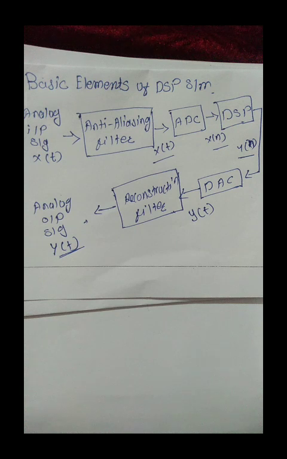The output of the DSP is given to the DAC, the digital to analog converter. The digital signal is again converted into analog form and given to the reconstruction filter, which, using a low pass filter, gives the reconstructed analog signal as output.